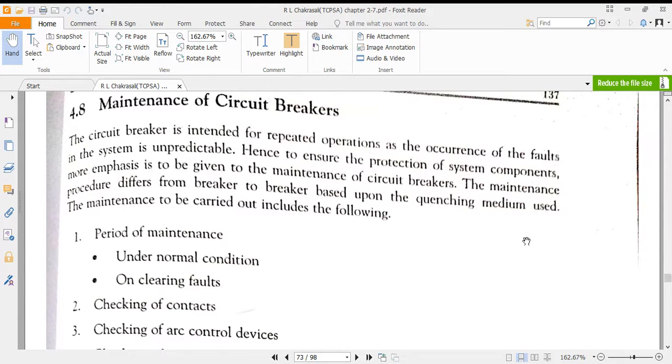We know that circuit breakers are intended for repeated operations on the occurrence of a fault, or maybe a short circuit. It needs to identify the short circuit and the fault distinctively and operate only during the fault. Faults are unpredictable in the circuits. Anytime a fault might occur.